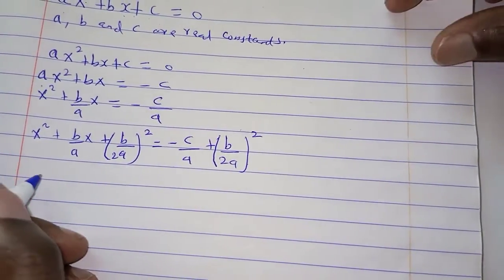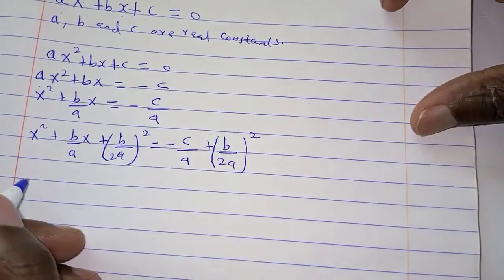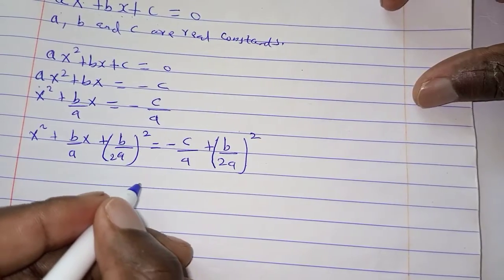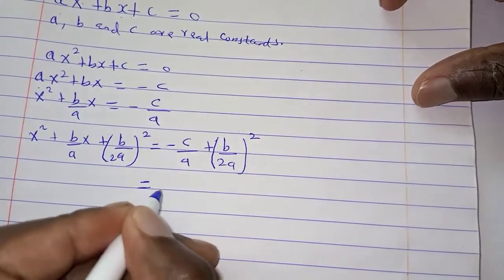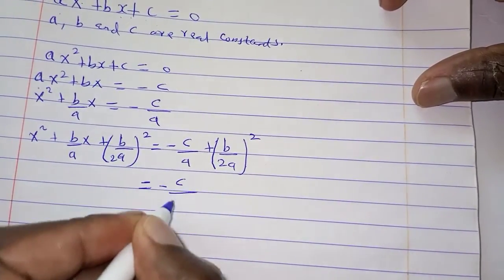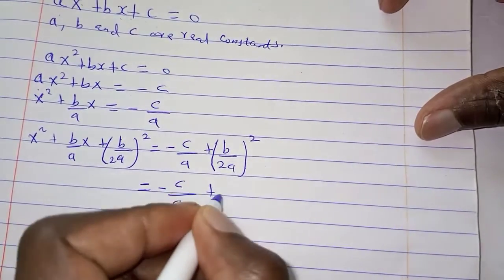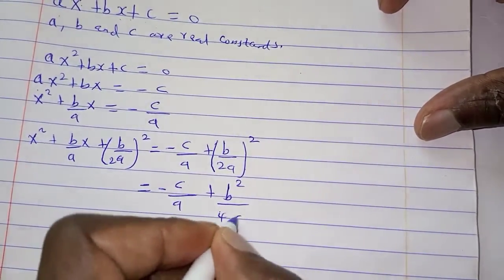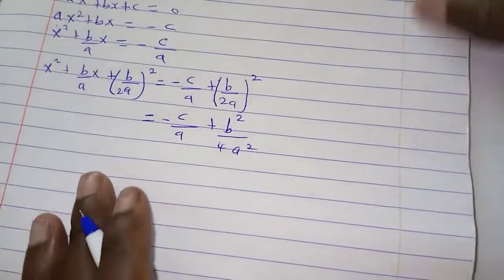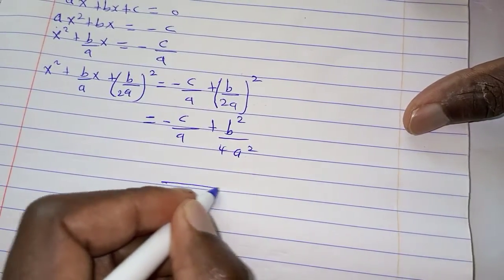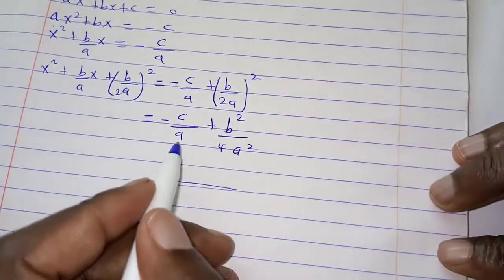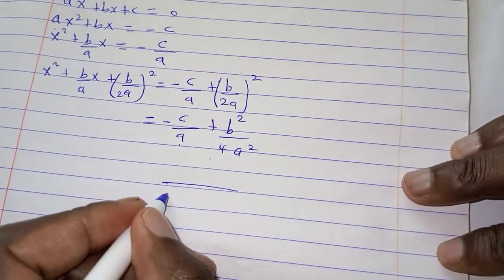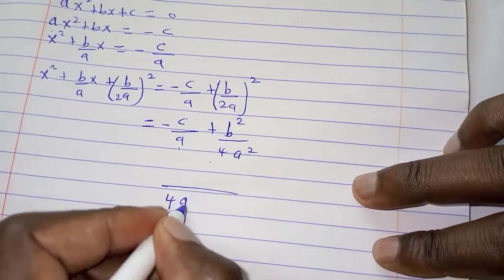So what we are going to do now, we can deal with the right hand side first. So this is minus c over a plus, when you remove the bracket, b squared divided by 4a squared. Now the LCM between a and 4a squared will give us 4a squared.